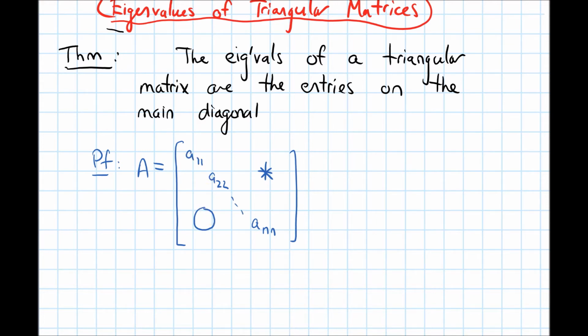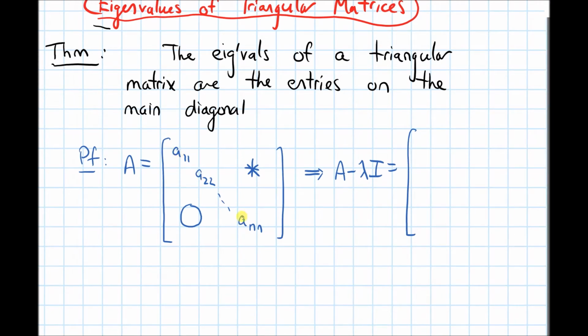Now let's find the characteristic equation and solve it. If I look at A minus lambda I, I'll end up subtracting lambda from each of the diagonal entries. So the diagonal entries would be A11 minus lambda, A22 minus lambda, until the last one, which is ANN minus lambda.